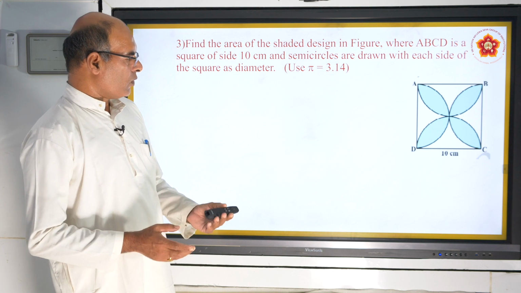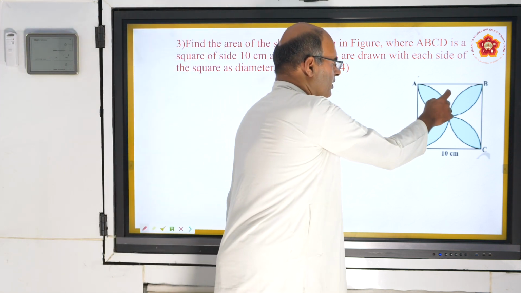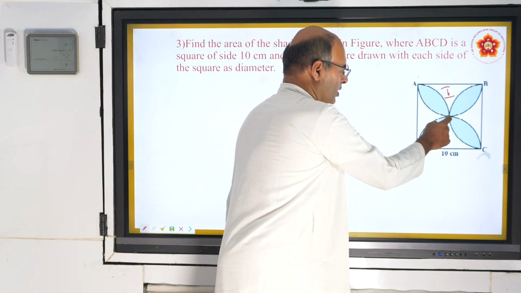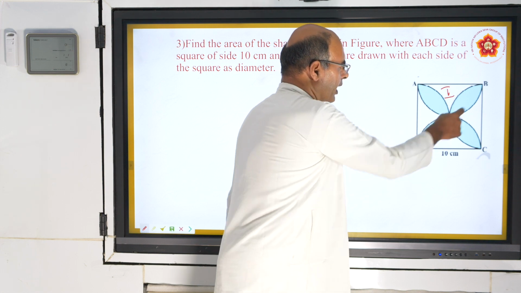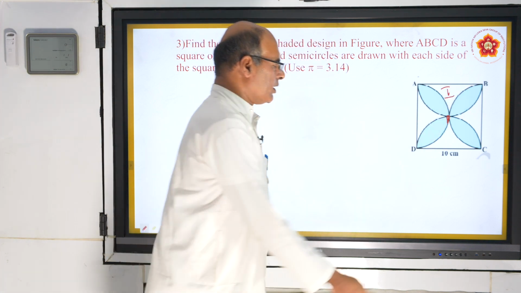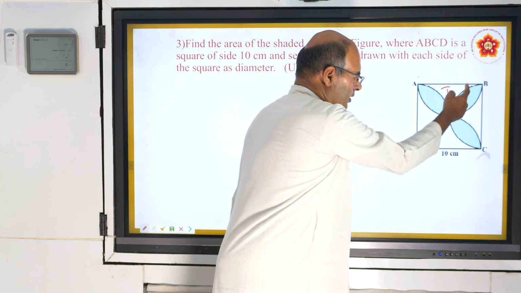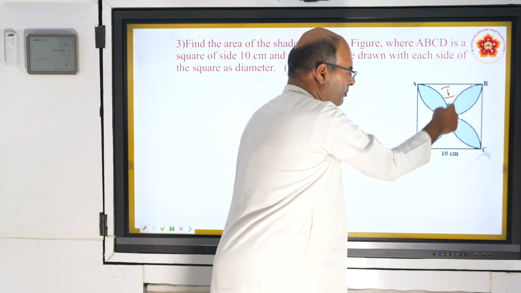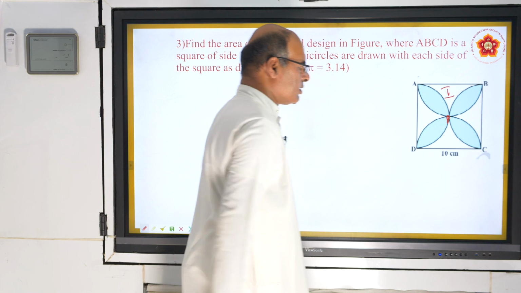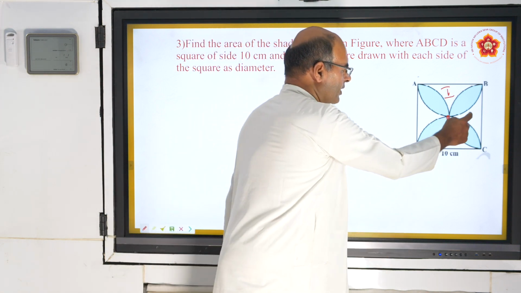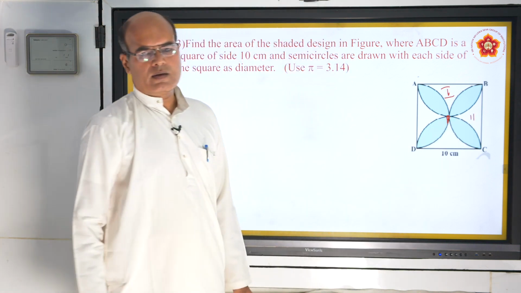The semicircles are overlapped. If I mark this point as P, then APB, let it be the first semicircle, and the region bounded by BPC is another semicircle, let it be the second semicircle.